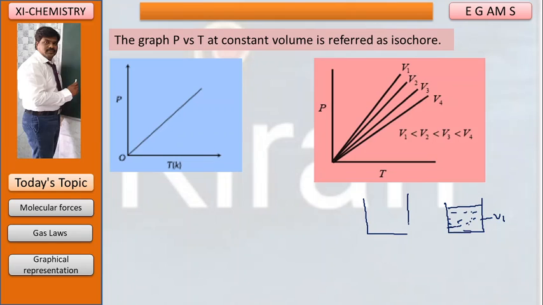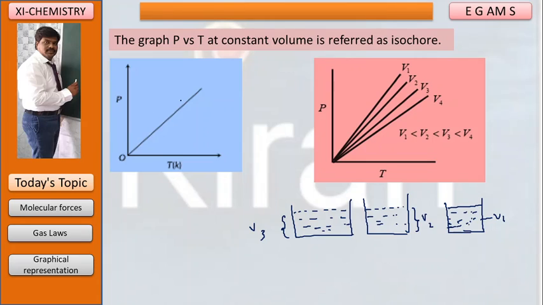Another container also has some volume, which I indicate with V2. Another container has some initial volume, which I indicate with V3. Got it? When you draw the graph of pressure versus temperature, you will get only a straight line like this.